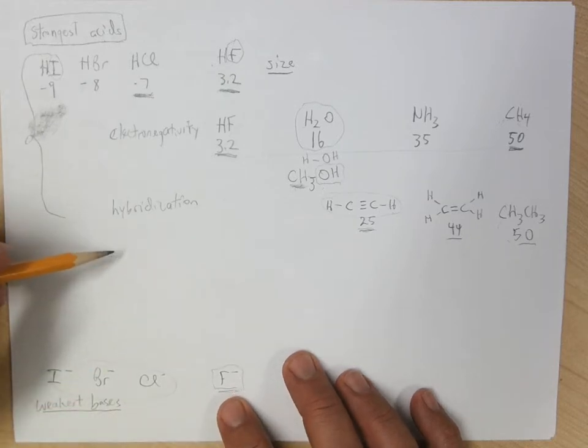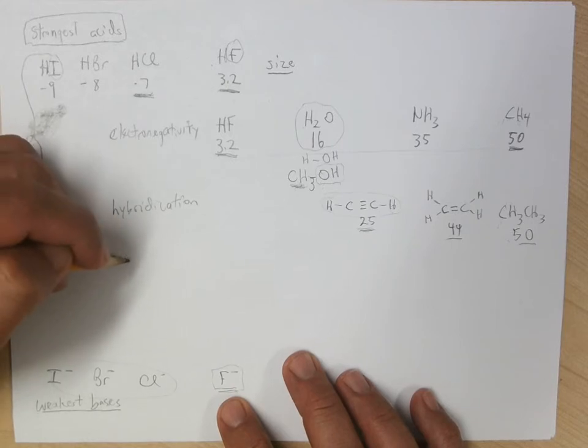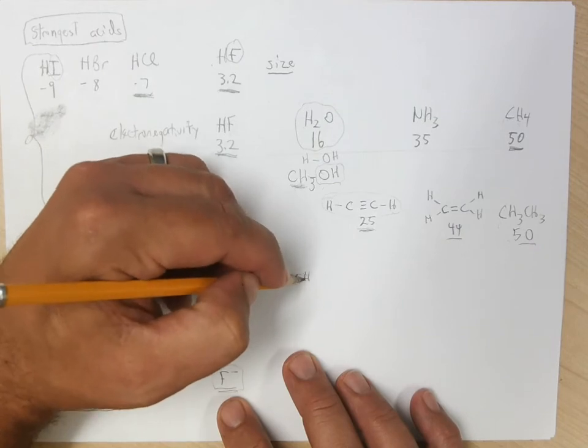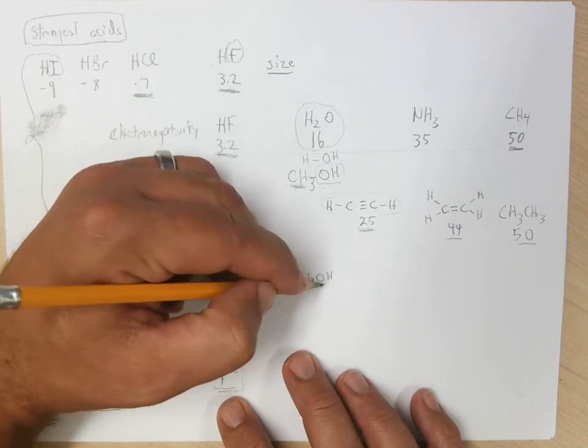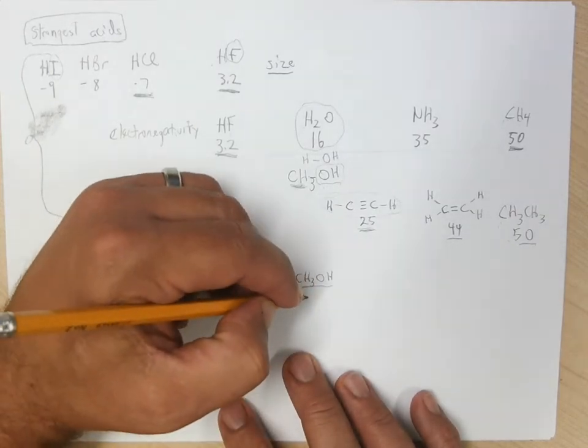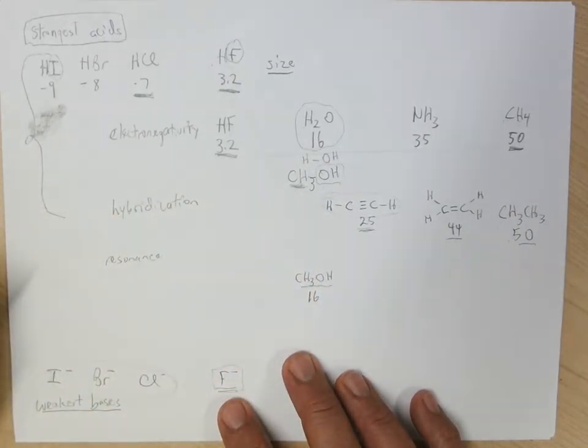Alright, so after hybridization, we could put in resonance. So if we have something with all single bonds and no resonance forms, like methanol or water, pKa is about 16.